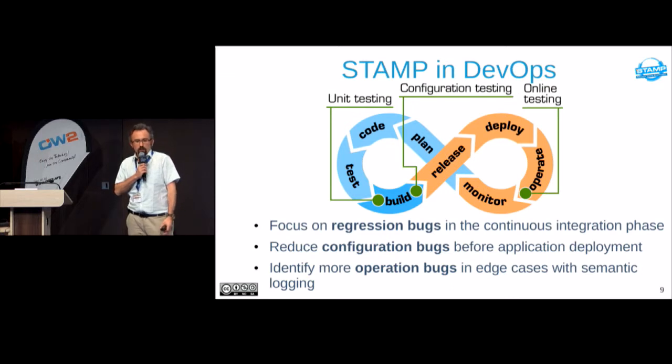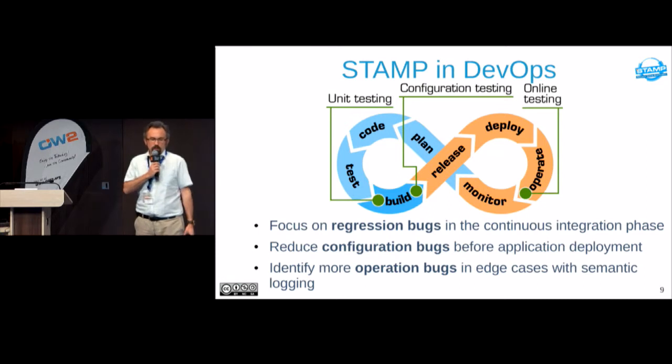How is STAMP in the DevOps paradigm? You'll see the infinite loop of software development, and STAMP will be in the blue part, the developer part, and a bit in the orange part, more the operators' part. I told you about unit testing for regression bugs.